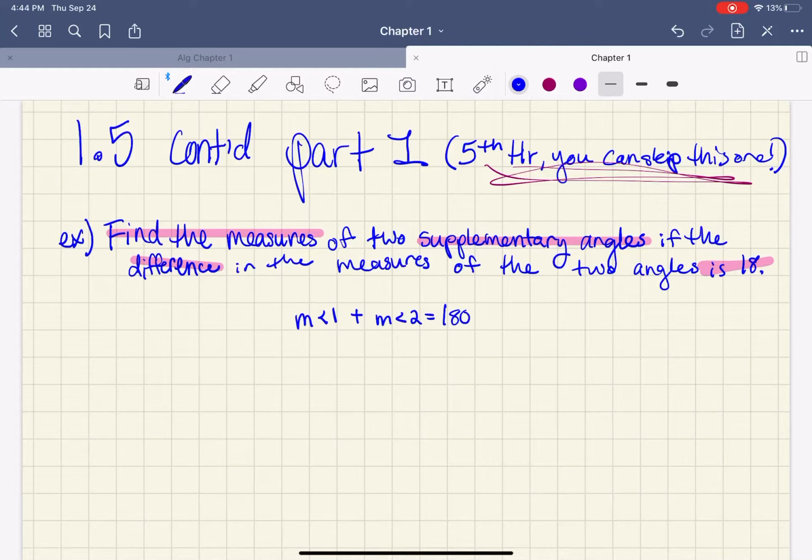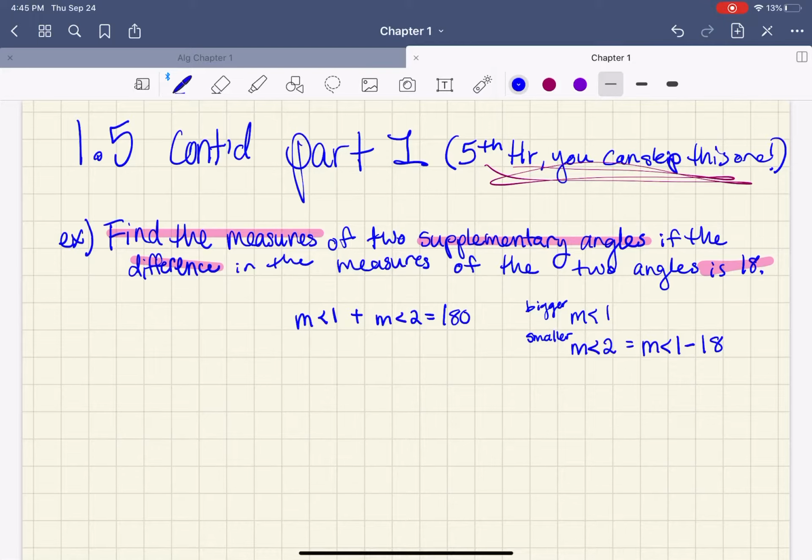So this means that we're going to have one of them, the measure of angle 1, and then the measure of angle 2, whatever that is going to be, equal to the measure of angle 1 minus 18. So this is going to be the bigger angle, this is the smaller.